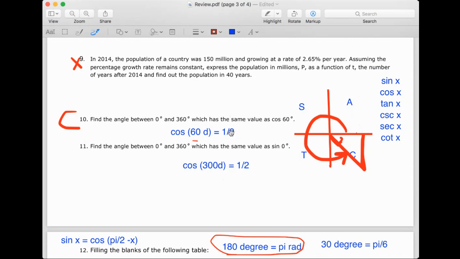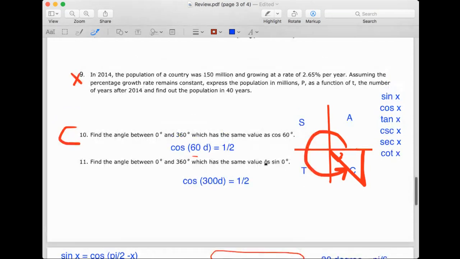Does it make sense? Basically, this is finding reference angles. Well, let's see number 11. It says find an angle between 0 and 360 which has the same value as sine 0. Well, sine 0 is 0. What's another one? This one we don't have a picture. I'm sorry, cosine 0.